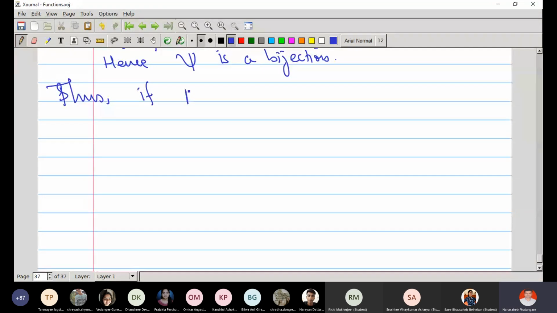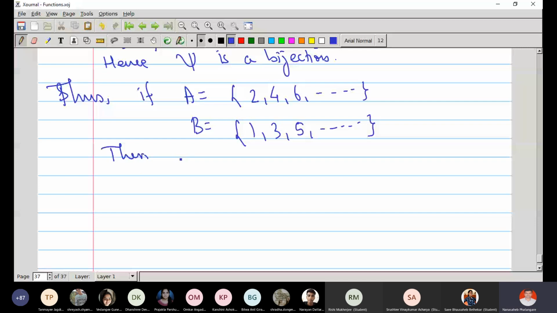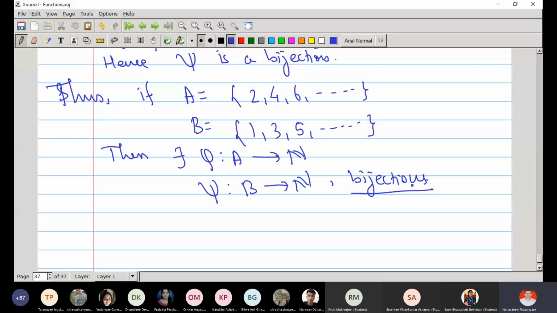If A is equal to all even numbers and B is equal to all odd numbers, then there exist phi from A to N and psi from B to N, both bijections.